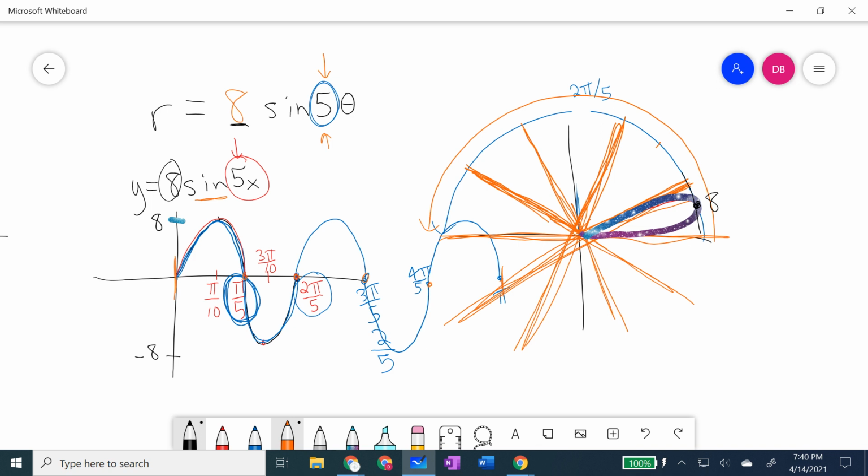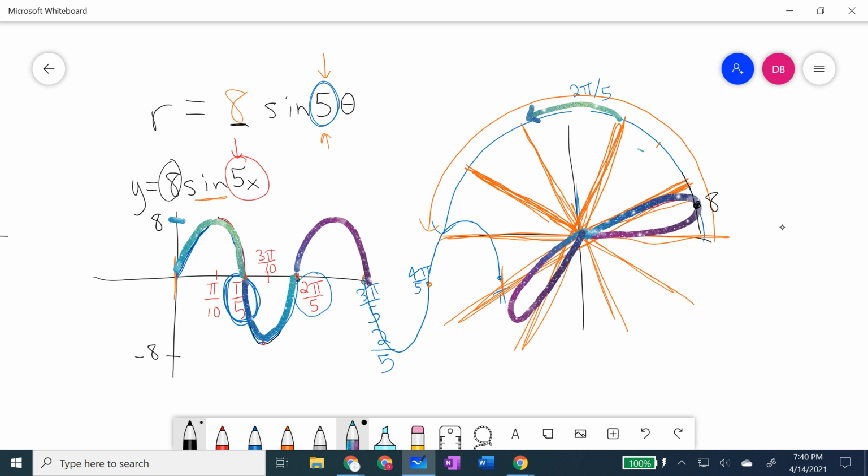Okay, now let's watch it do its thing. I just created that curve, and now I'm going to go into a negative radius, and it creates that bump. Then I skip this, and I come over to the 2 pi over 5 to 3 pi over 5.